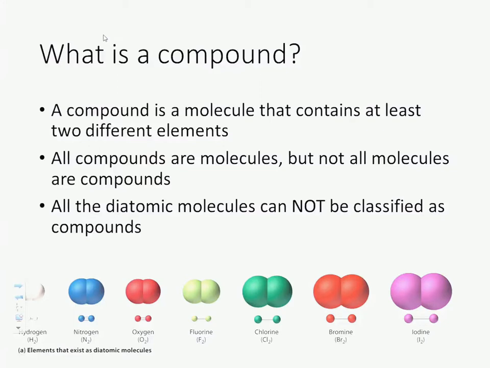All compounds are molecules, but not all molecules are compounds, meaning nitrogen, N2, is a molecule because it's 2 atoms of nitrogen joined together, but it's not a compound because it's not 2 different elements joined together. That's why this bottom bullet says all the diatomic molecules cannot be classified as compounds. Same thing for polyatomic molecules. They're not technically classified as compounds. Now most people will use compound and molecule synonymously, but technically it's not correct.